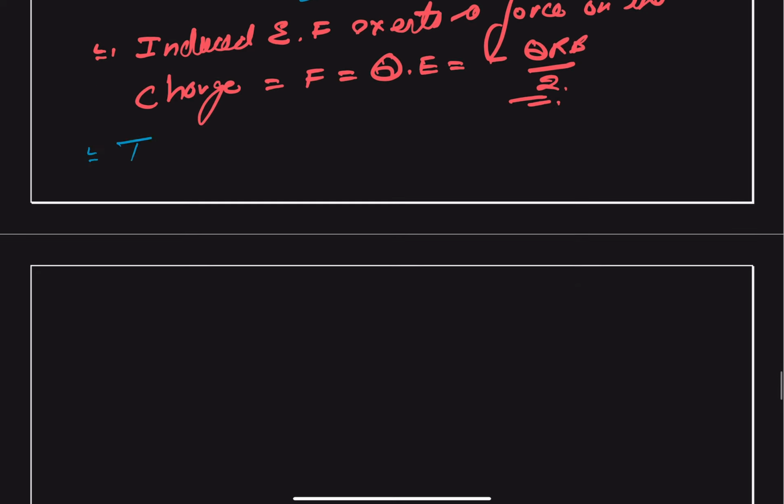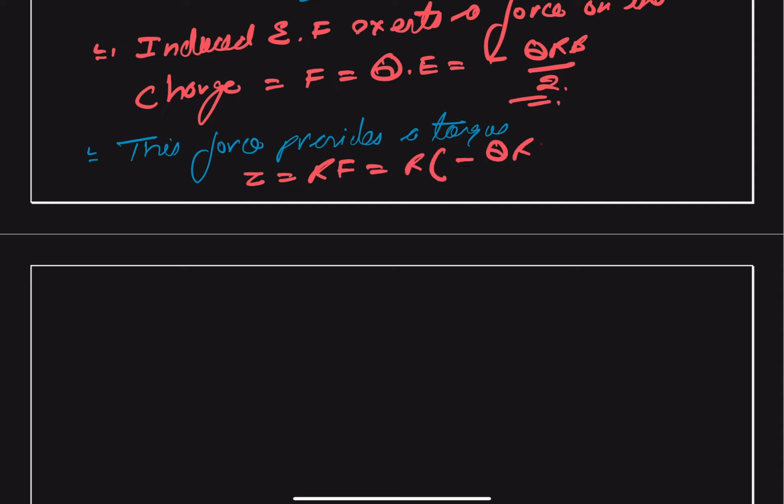You can say this force provides a torque. And if that torque is given as tau, then tau will be equal to, and that torque will be about the center of the orbit. So we have this is R multiplied by F, and F we already know, so this comes as R times minus q r B divided by 2.